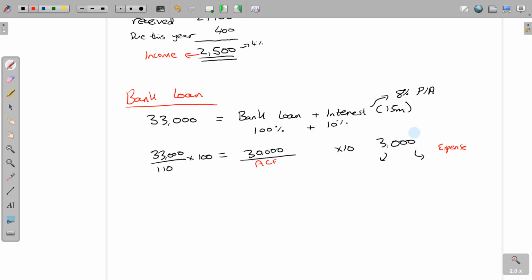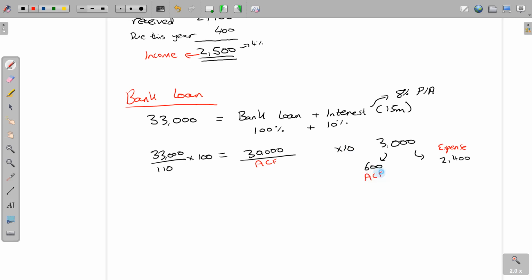So 3,000 divided by 15 multiplied by 12 is 2,400. So that's for this year. And 600, that is going to the accumulated fund.